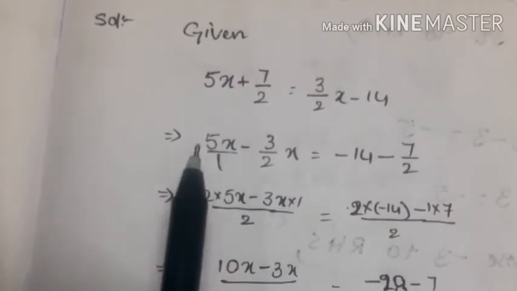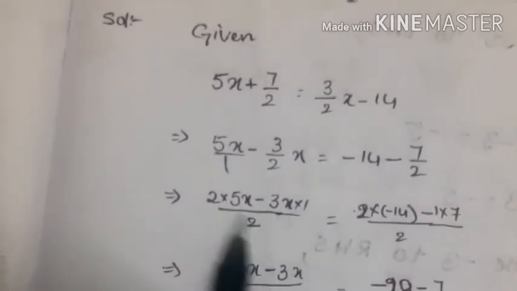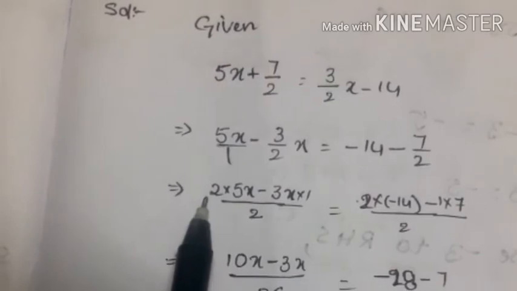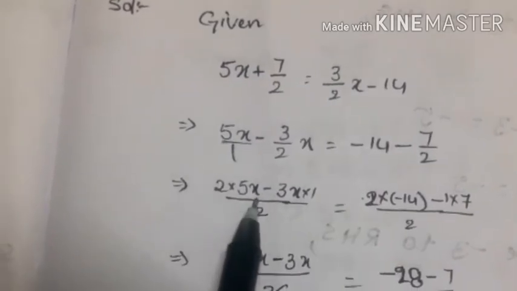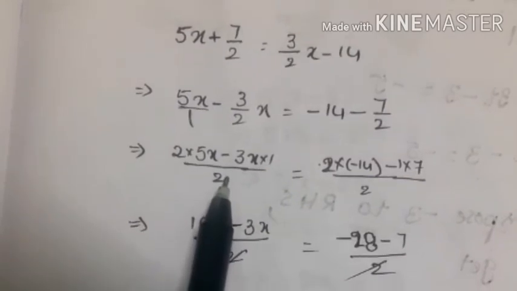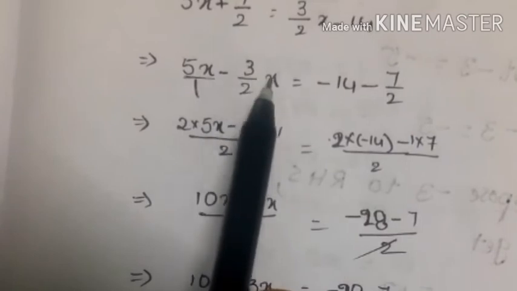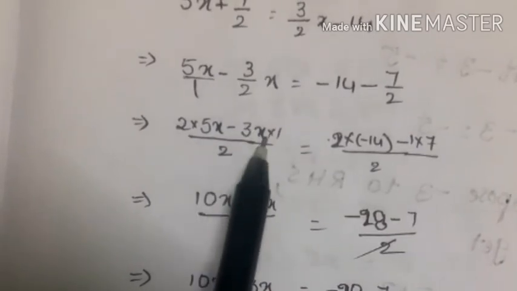Clear? And numerator here 5x. 1 how many times will we get 2? 2 times. So 2 into numerator is 5x. Clear? Minus 2 how many times will we get 2? 1 time. 1 into what is the numerator? 3 into x, 3x. So that is 3x.